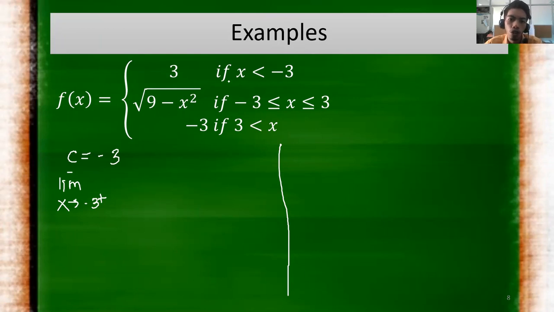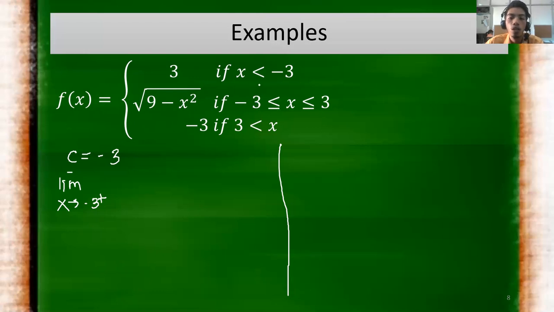Yung first function, x is less than negative 3. So, ibig sabihin, hindi siya nag-satisfy sa condition na yon. So, saan siya makikita? Sa second function. It's because x is greater than or equal to negative 3. Kaya yung pangalawang function ang pipiliin natin.